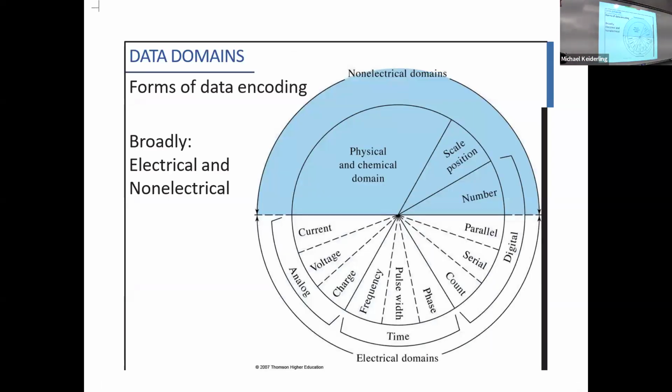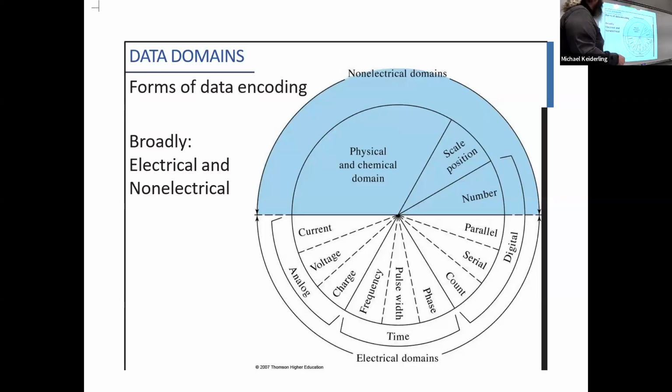The data can be encoded either electrically or non-electrically. Non-electrically, there are things like physical and chemical stuff, the position on a scale, and just numbers. Digital data, where you actually have numbers, can be parallel data, serial data, or a count. These are the types of digital data.